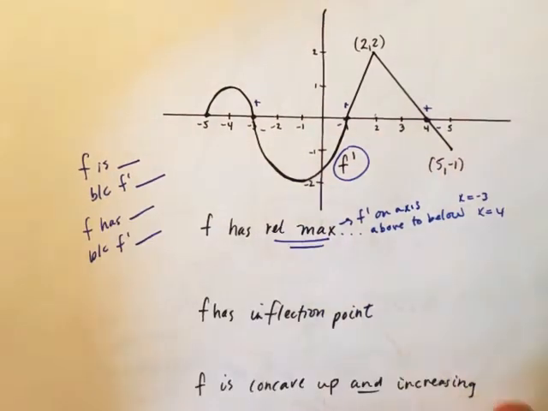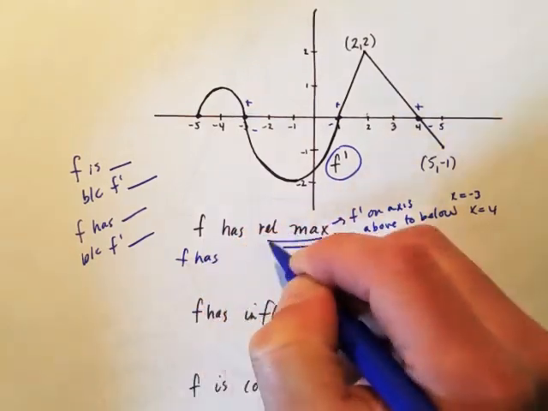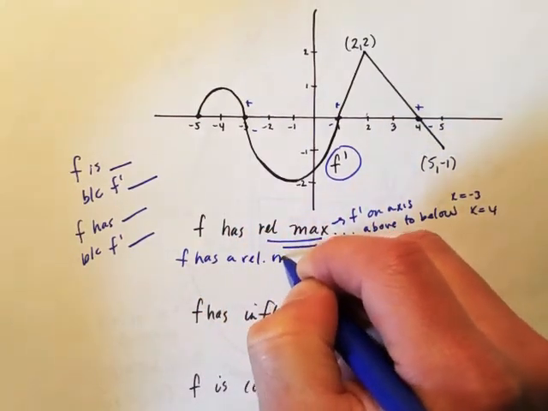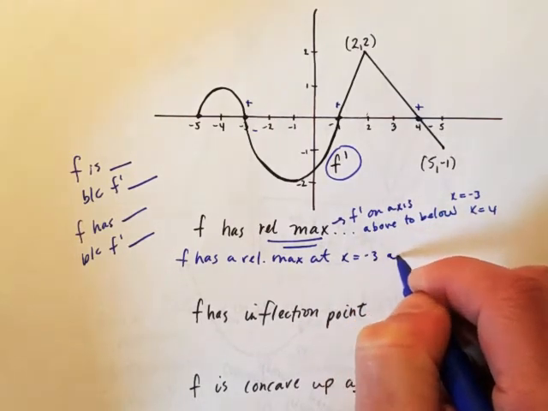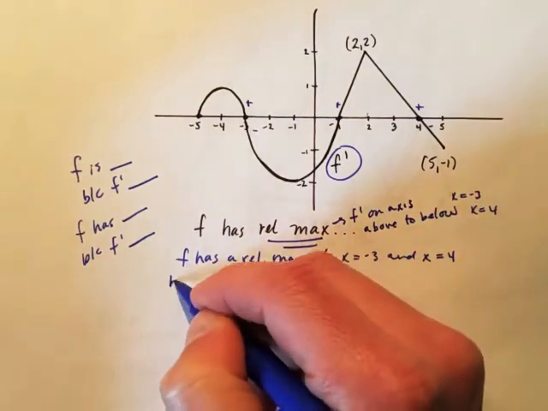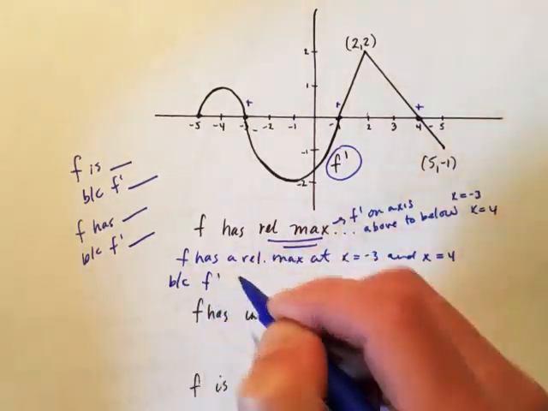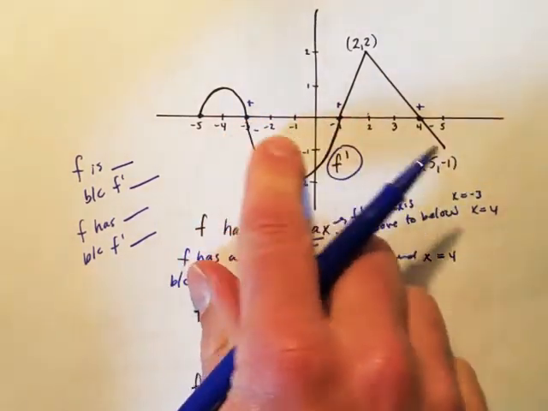And now I'm going to justify using one of these sentence frames. So I'm going to say f has a relative max at x equals -3 and x equals 4 because, and now I'm going to actually justify this with what f prime is doing. Because what is happening at f prime at those points?